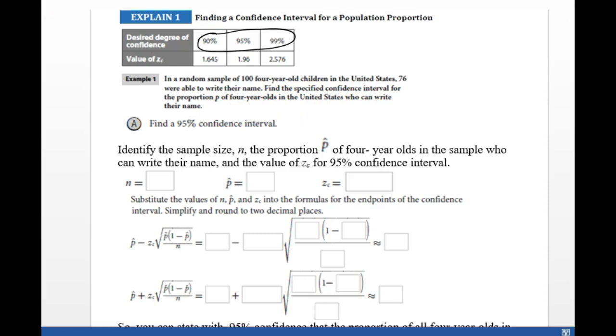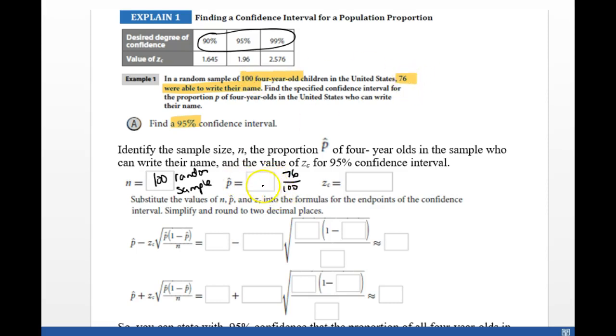Okay. So let's identify some information. Let's highlight some stuff up. So our N value is going to be those 100 from the random sample. So that's our random sample. Our P value is going to be whatever 76 out of 100 is, because out of 100, there were 76 who were able to write their name.